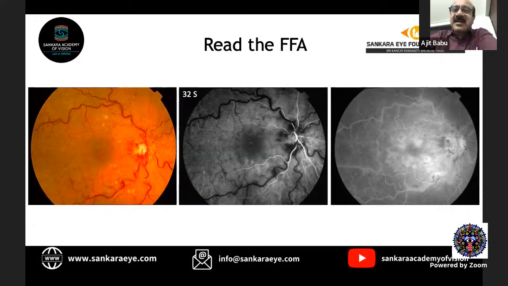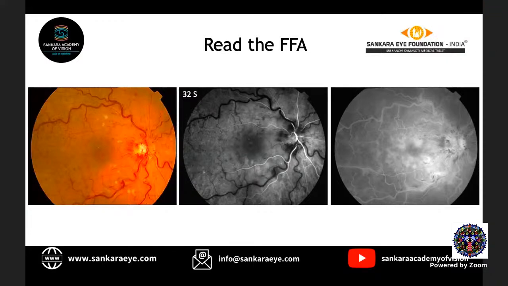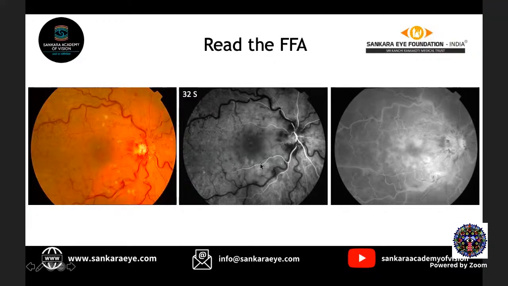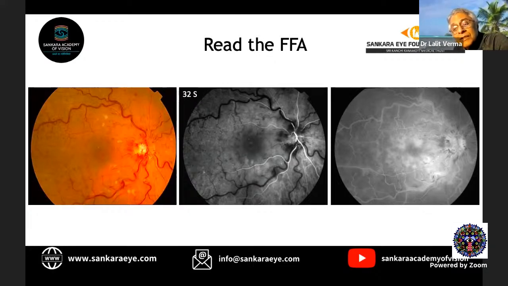And coming on to the first angiogram, let Sony describe. Sir, altered foveal contour also in the color fundus. What Dr. Ajit said: start from the disc, vessels, and the rest of the retina. Don't jump to the fovea. Okay, sir.